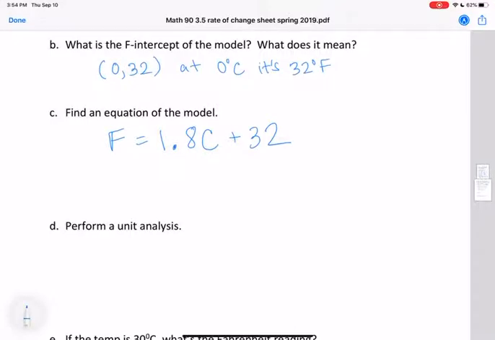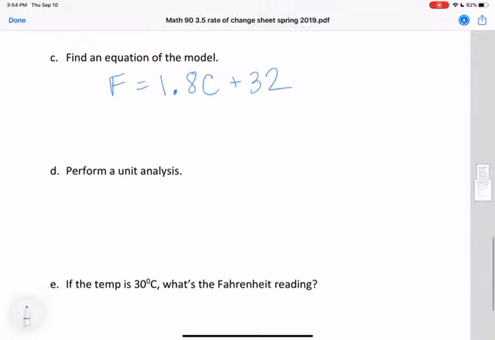Okay, our unit analysis. I'm going to go ahead and write the equation again. Fahrenheit, we would label that in degrees Fahrenheit, equals our 1.8, that was the change, right? That was the change in Fahrenheit compared to the Celsius. So that 1.8 in units would be degrees Fahrenheit over degrees Celsius.